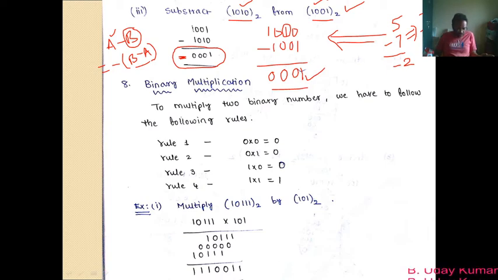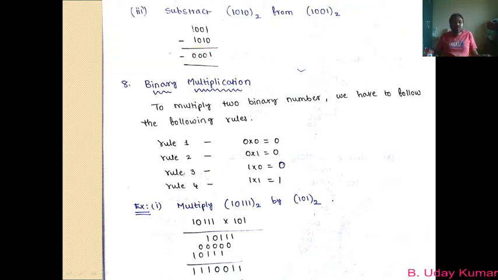Now let us move on to our next topic, and that is binary multiplication. Similar to binary addition and subtraction, there are certain rules that you need to follow in the multiplication of two binary numbers.